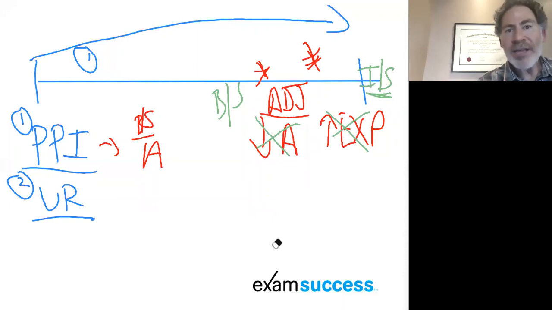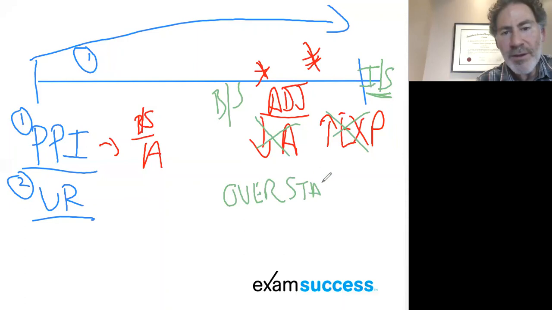So now in the CFA world, in your questions, what you're going to be looking for is overstated. Let me write it on the side so that we can use it.